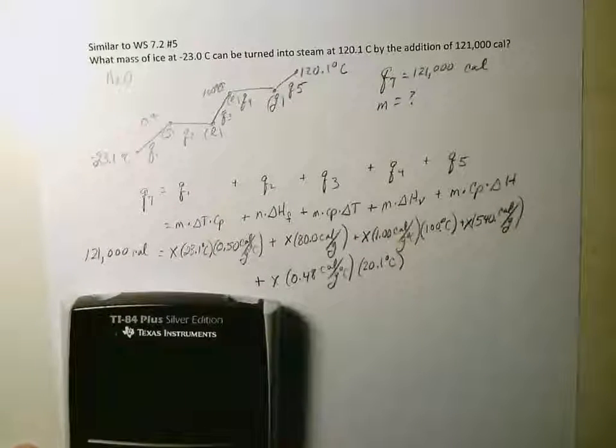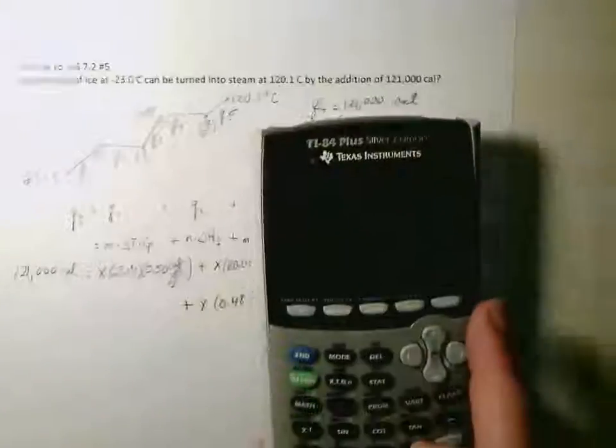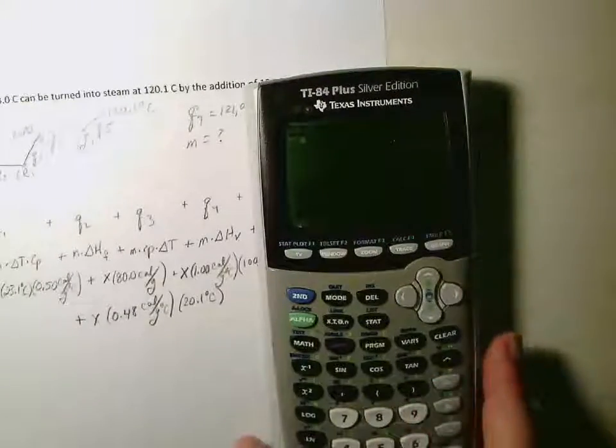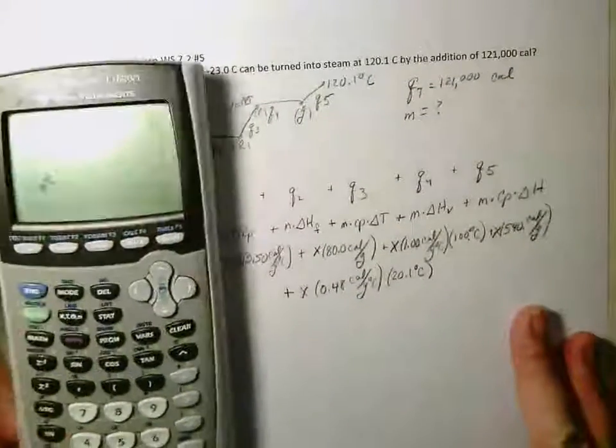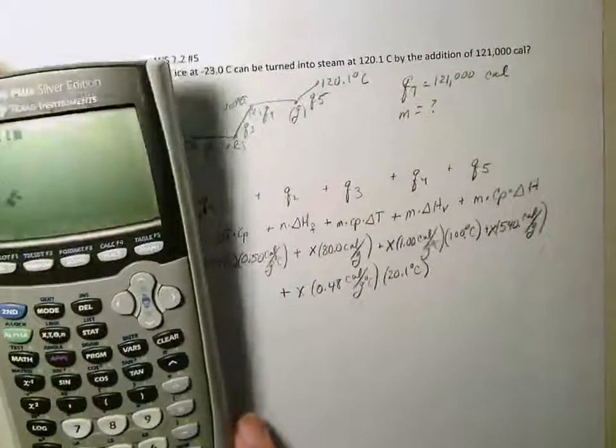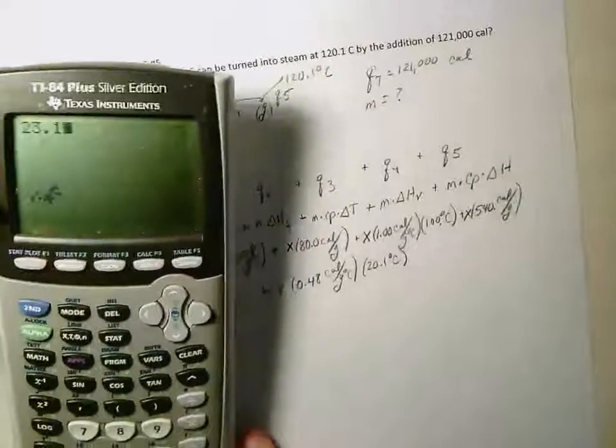So, 23.1. I don't think you can see that. Let's see. How about over here? Well, it just doesn't look like you're going to be able to see my calculator very well.